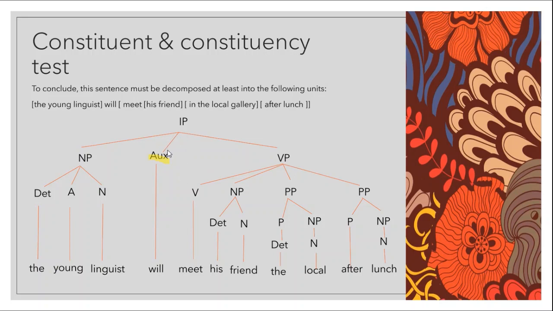It's not one constituent with the verb. The verb, look, stayed on its own. Here it is the; here the young linguist is one constituent. The VP, look how many constituents it has: the NP, which is his friend, a PP, and another PP. Okay, I hope it's clear enough.